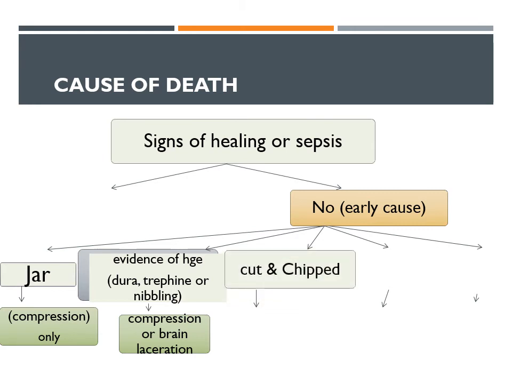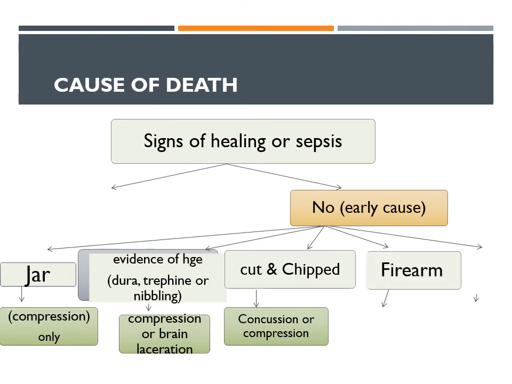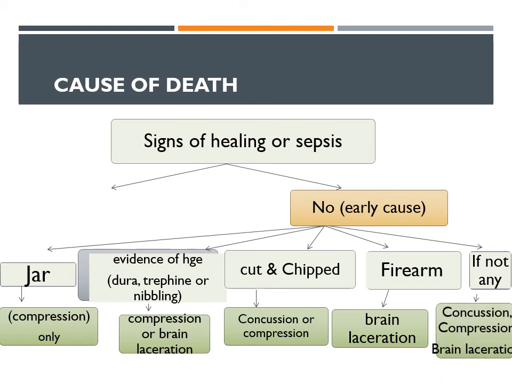If there is a cut or ship fracture, so the cause of this may be concussion or compression. If there is firearm injury, so the cause of this is brain laceration. If not any, not a jar, no evidence of hemorrhage, not cut fracture or ship fracture, and not firearm injury, we write 3 causes of this: concussion, compression, or brain laceration.